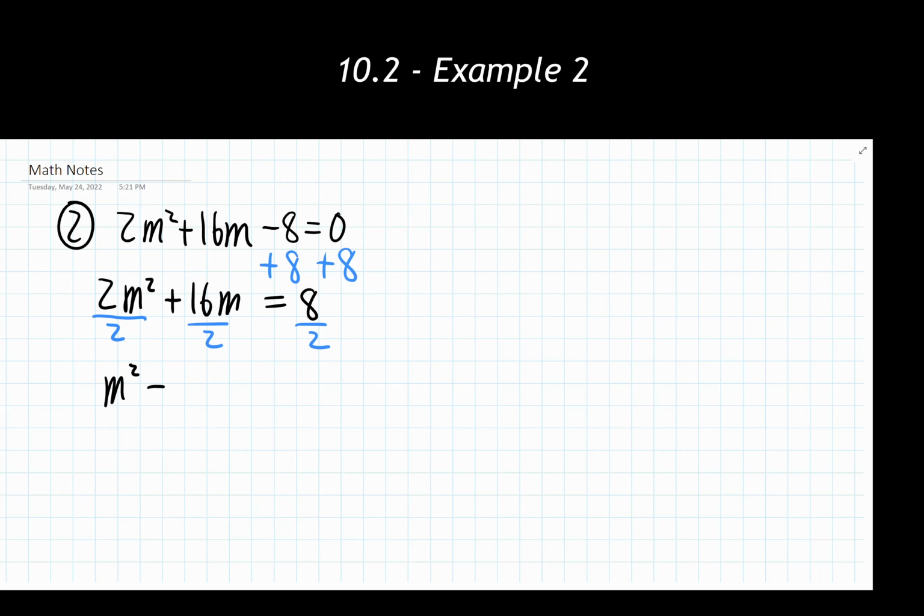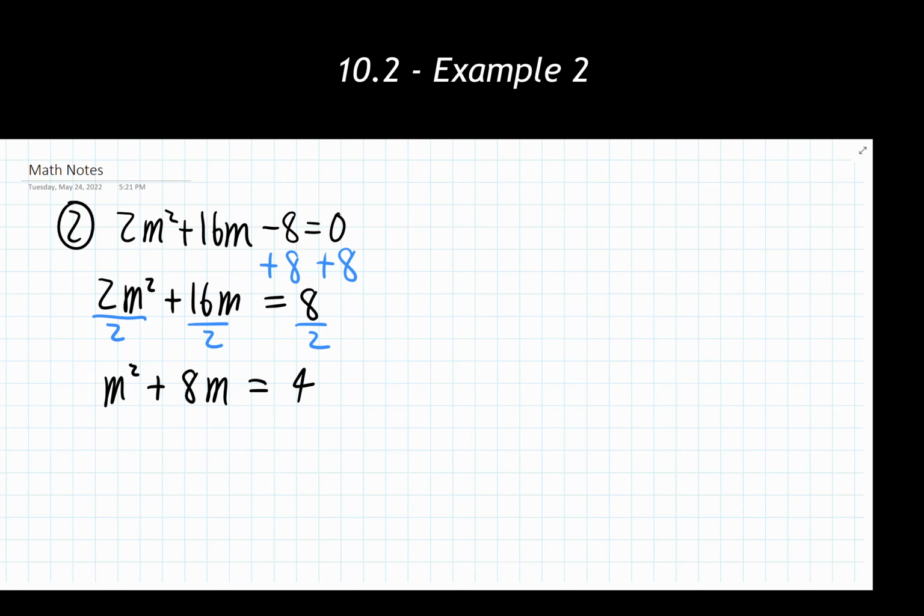We'll see in some later examples this is going to mean that we are going to have some fractions showing up from time to time. That's okay, that's perfectly fine, that happens. It's just part of the process as we're going through and solving this. But now I have a coefficient of 1 in front of this m squared term, and I'm good to go there.